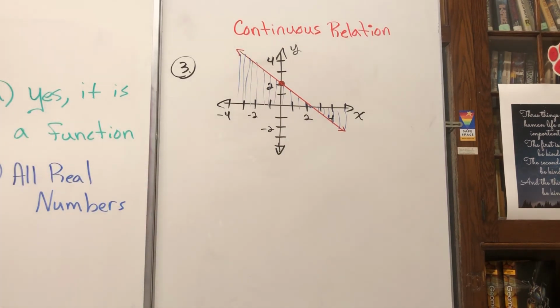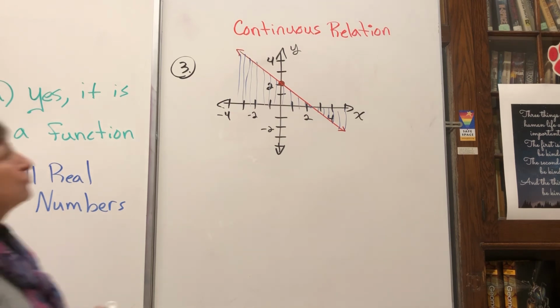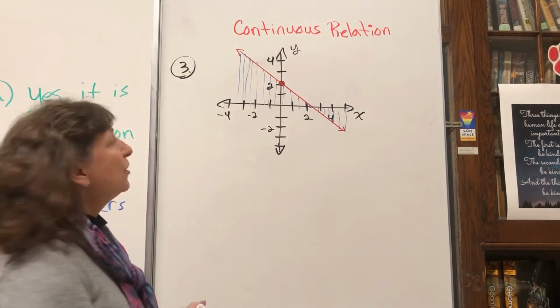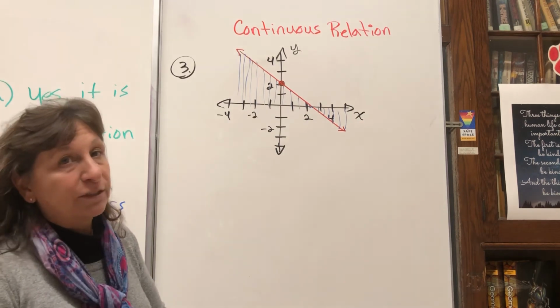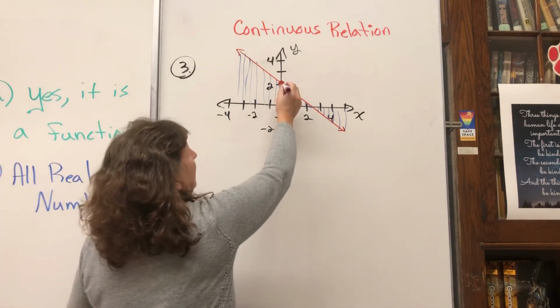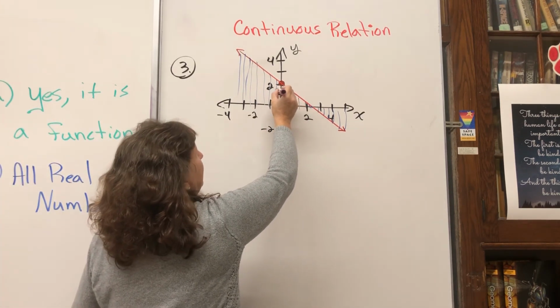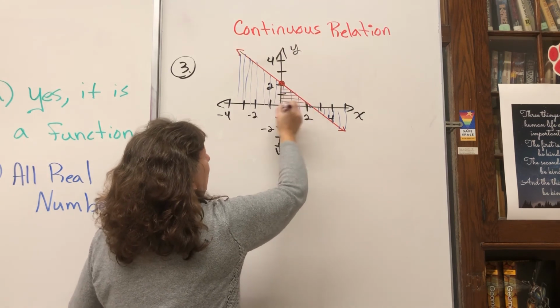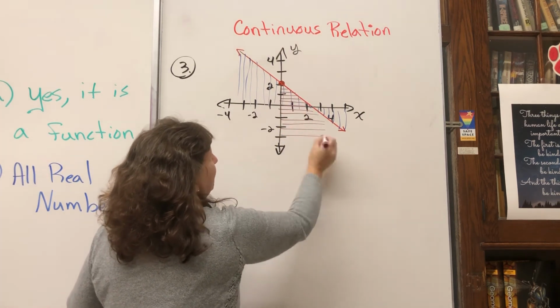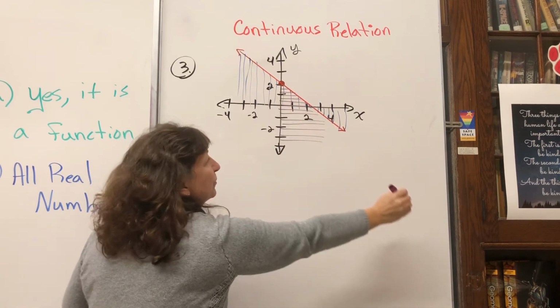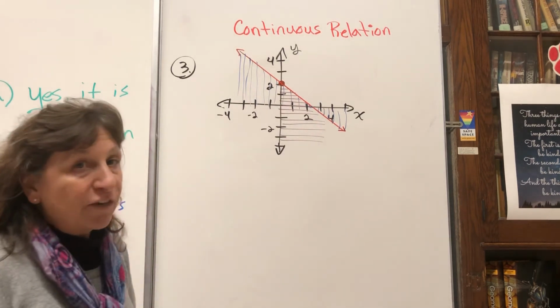And then I'm going to color code and come in with a contrast. And let's go with purple. Let's look at the range. So now we want to know how the y-axis corresponds to this graph. And if we do the same idea here and connect all these horizontal lines, as I continue, this line goes on to infinity. It goes forever and ever.